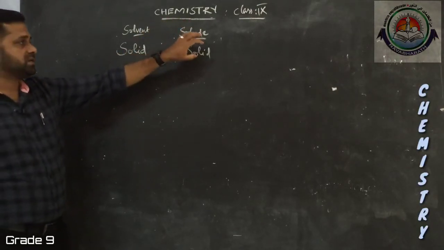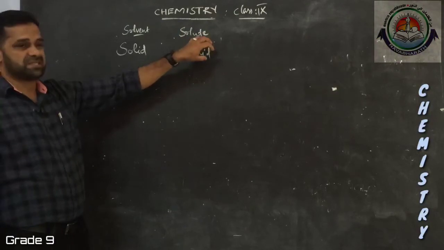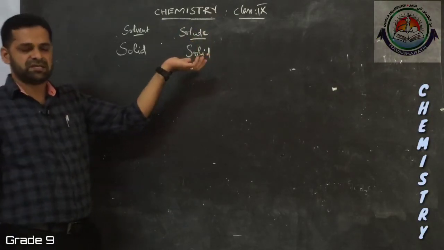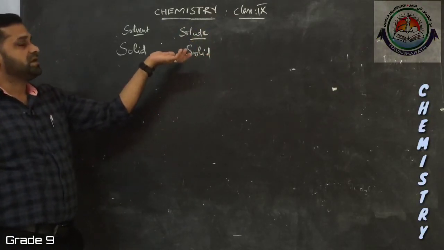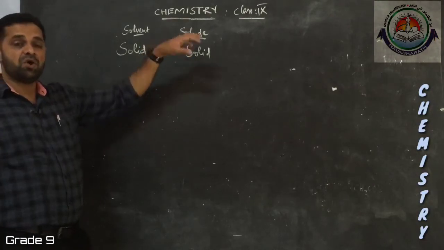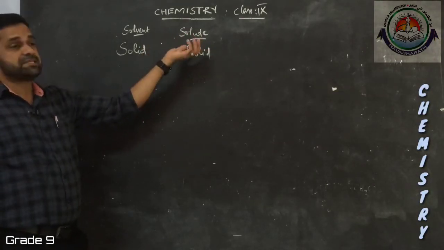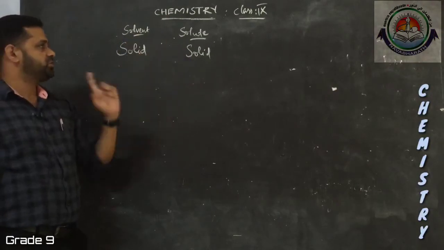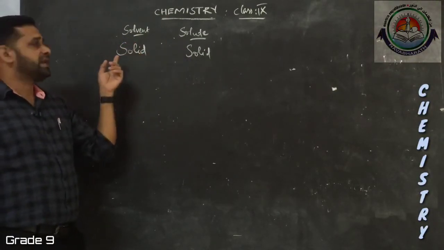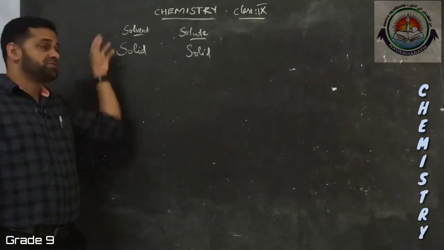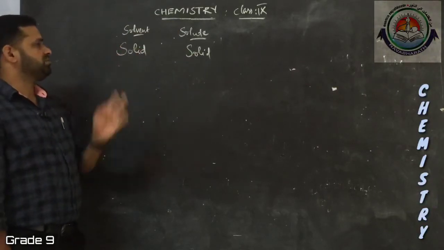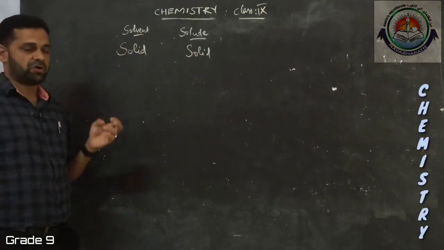The solute is a component of a solution that is present in very less quantity, and it gets dissolved in the solvent. And solvent is a substance that dissolves the other substance in it, and that will be present in excess quantity.